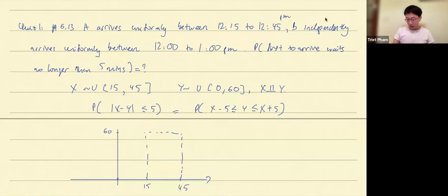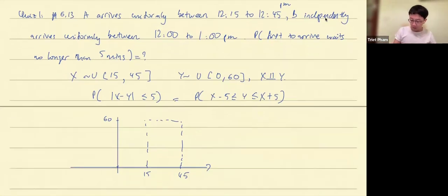And y equals x minus 5 is a line with intercept minus 5, which when x equals 15 is 10, and when x is 45 is 40. So that's the line. And then, of course, the plus 5 is going to be 20, and then 50.